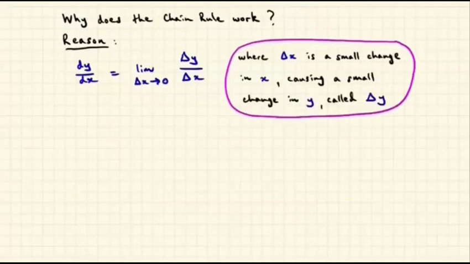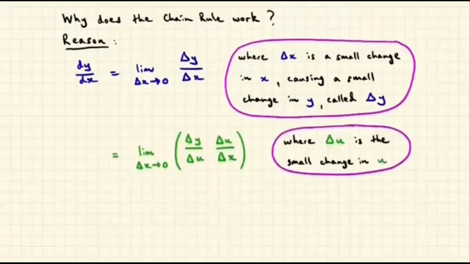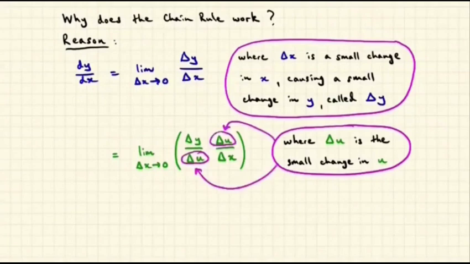We also have the variable u somewhere in between, acting like a stepping stone in the composition of functions. And a change in x causes a change in u, denoted by delta u. We can suppose in this sketch that delta u is non-zero, and then insert delta u both in the numerator and denominator of the fraction without affecting the overall value of the expression of which we are taking the limit.